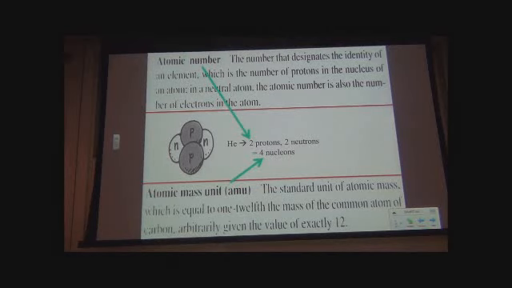Cool? So if I look at neon, I see that the red number is 20.179. So the 20 tells me that there are going to be 10 neutrons and 10 protons. Make sense? The blue number at the top is the atomic number, which tells me how many protons there are. So if I give you an element with a certain number of protons, all you have to do is look up the blue number at the top left hand side of the periodic table, and that will tell you what element it is.